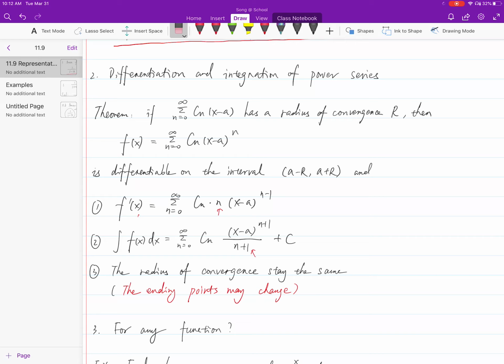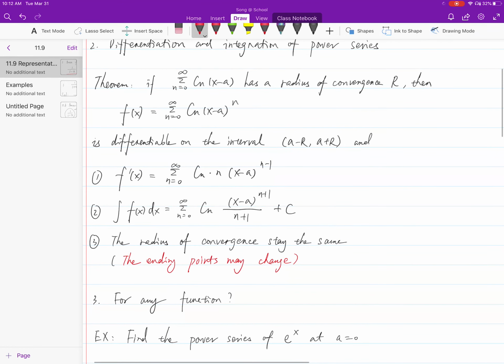Fairly easy. The Cn stay the same. Okay. Now, the only difference between derivative and antiderivative is when you take the derivative, you don't have a plus c. When you take the antiderivative, however, you do have a plus c. So if you try to find the power series through taking the antiderivative, you need to do some additional steps. That is, try to figure out the c. So let me put it here as a note. Find c afterwards.